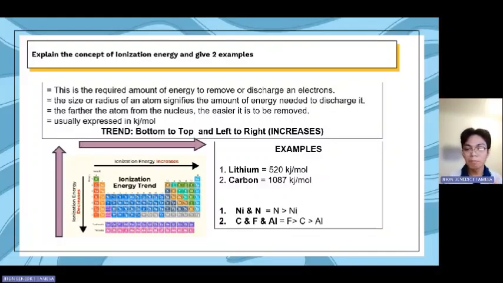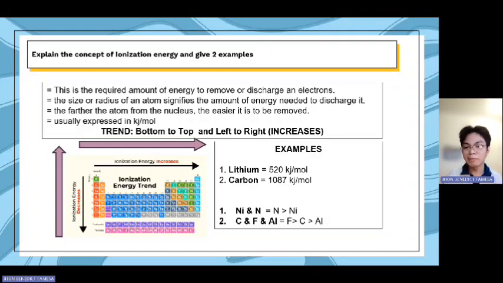Then comparing nickel and nitrogen, we can see from this trend that nitrogen is on the left side, or more to the left. And it is higher, since from bottom to top is the increasing value of the trend.